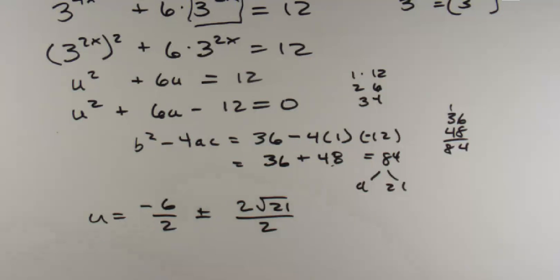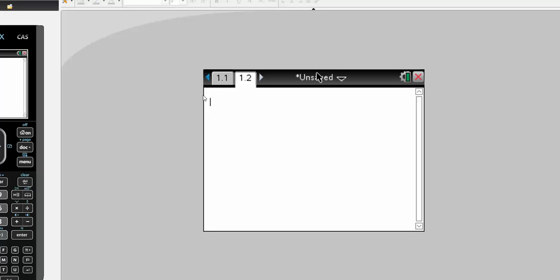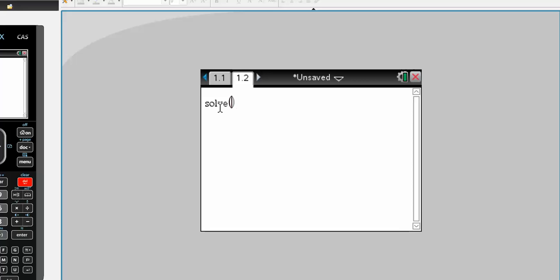Now hold right there and check my answer. Okay, let's check it on the Inspire. So I'm going to solve. We had, let's do it in u: u squared plus 6u minus 12 equals 0, but then I have to tell it the variable.